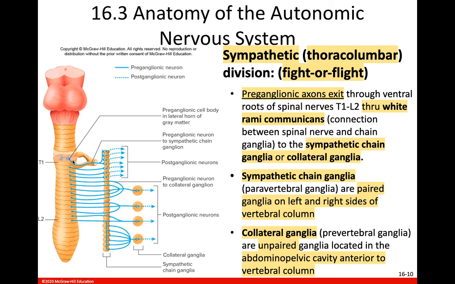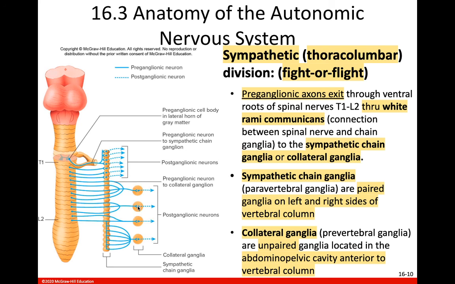So again, some of these preganglionic neurons will synapse in the chain ganglia, and then the postganglionic will come out and go to the effector organ. Some of them will pass over the chain ganglia and go into the collateral ganglia.